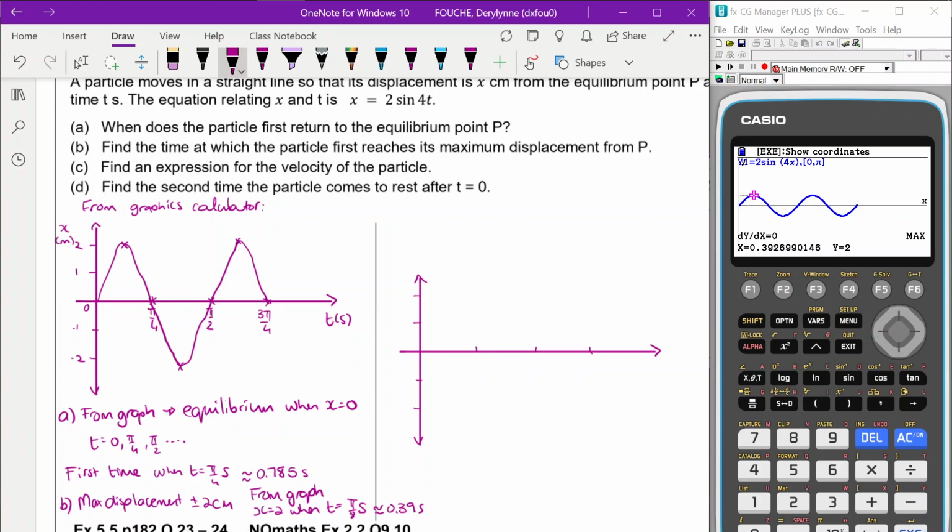Okay, now it says find an expression for the velocity of the particle. Velocity is related to displacement in that it is the derivative of the displacement, and we always need to acknowledge that that's what we're doing. So we're going to say velocity is the derivative of our displacement, and we have a chain rule.